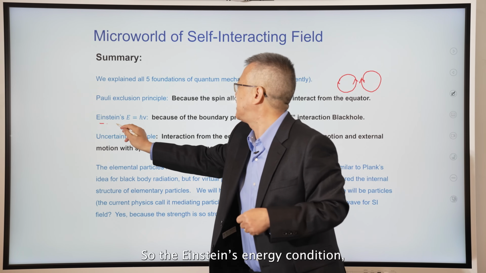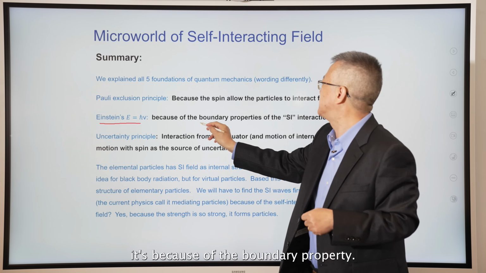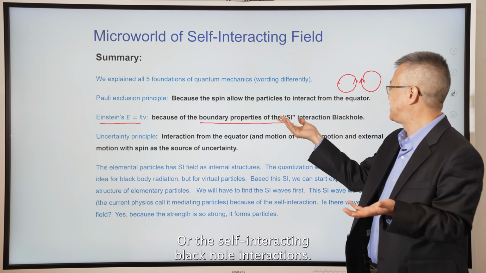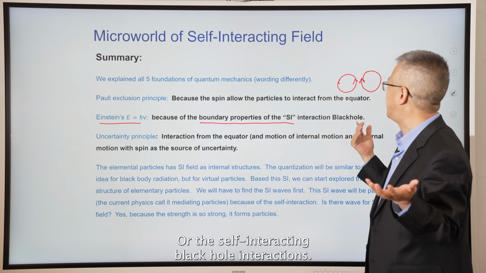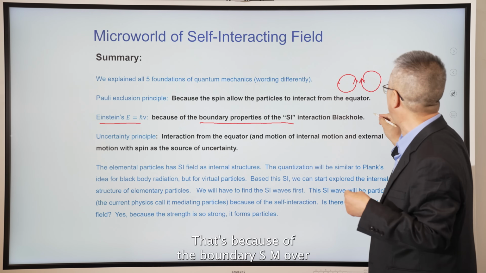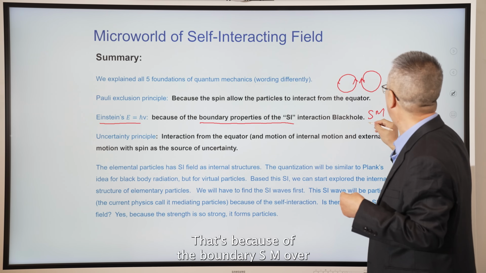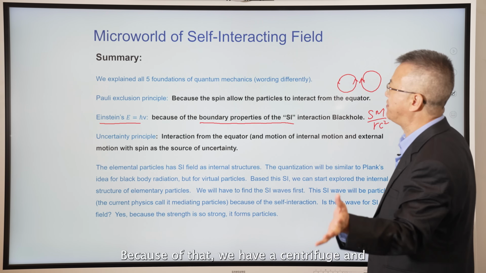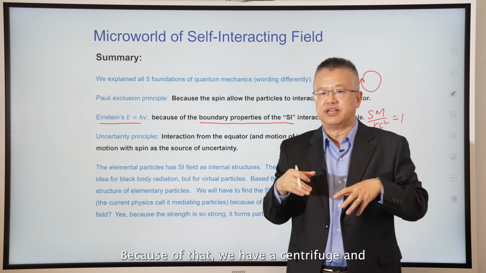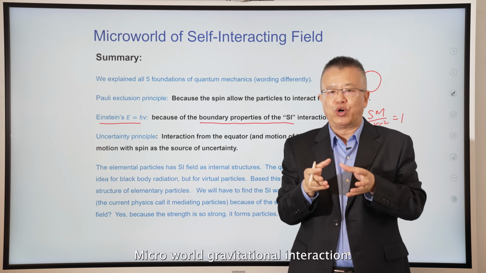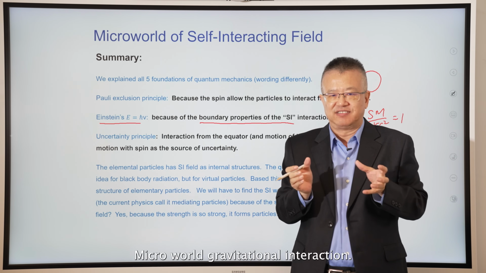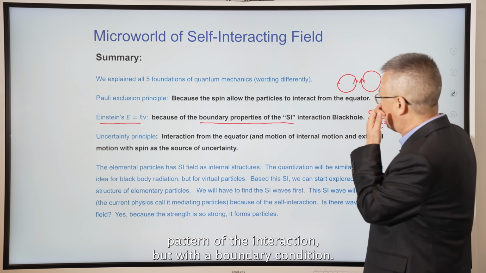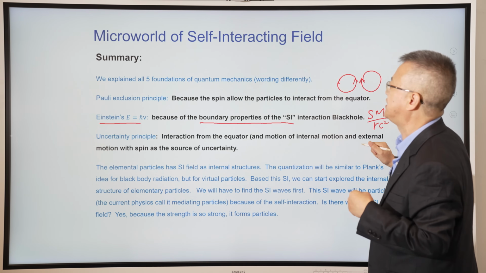Then Einstein's energy condition: it's because of the boundary property, or the self-interacting black hole interactions. That's because of the boundary S m over r c squared equals 1. Because of that, we have a centrifugal and microworld gravitational interaction, okay? So a gravitational pattern of interaction, but with a boundary condition, okay?